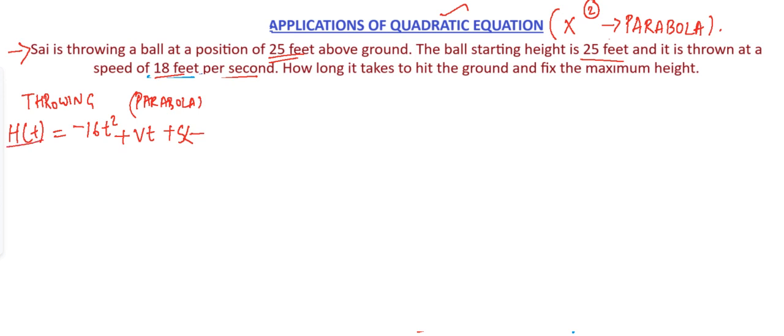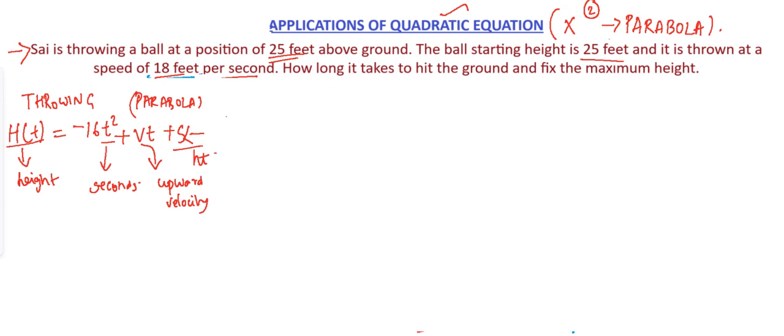Here, h of t represents the object's current height. T, obviously, represents the time in seconds. This represents your x-axis value. V is going to represent the upward velocity at which the ball or anything else is being thrown. And S represents the object's starting height.